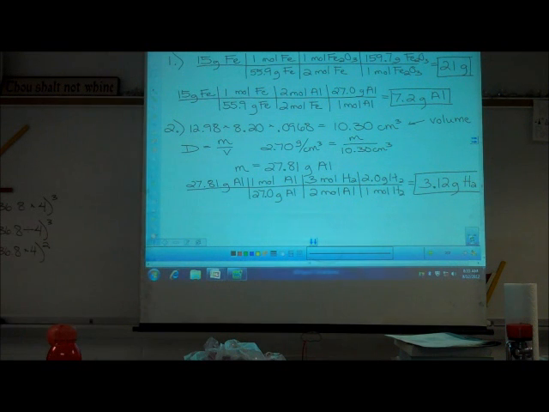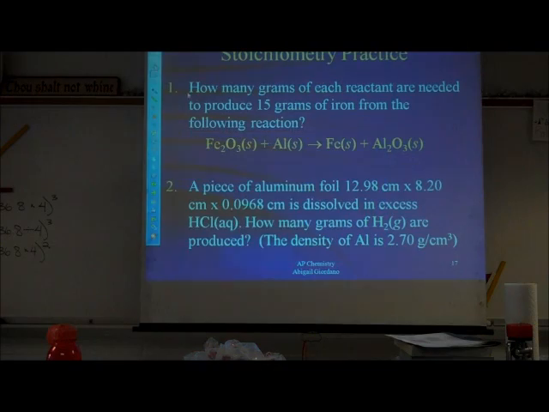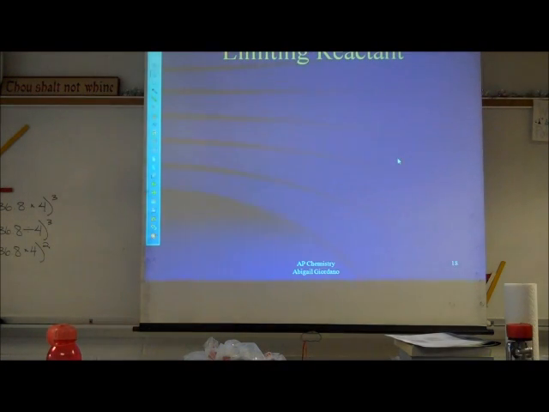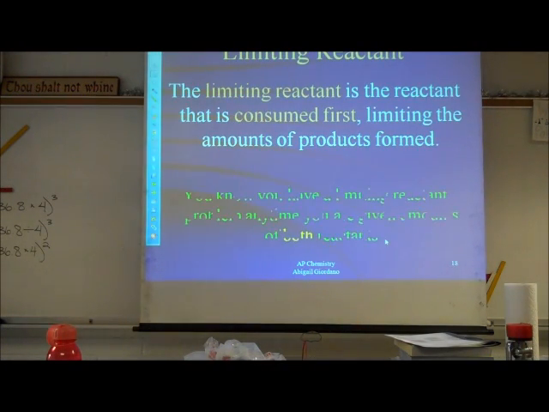Okay, anything? Let's talk limiting reactants. Okay, and let's define it first. Whether you have a reaction that has 2 reactants, 3 reactants, 4, 5, 50, it doesn't matter. However many reactants you have, one of them is always going to run out first.